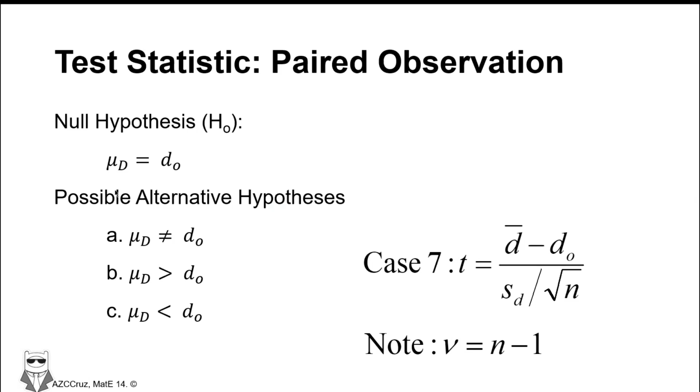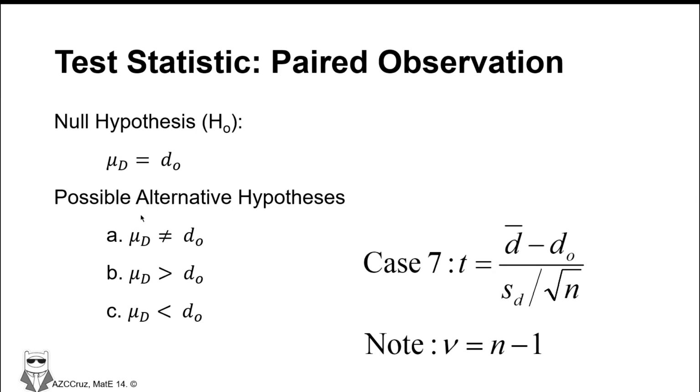Then our null here is that the true difference is equal to a particular d naught value. So for example, let's say one product or one vitamin can give you 10 minutes more sleep, or a sleeping pill can give you 1 hour more sleep.